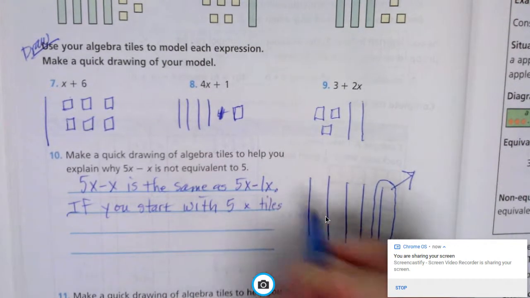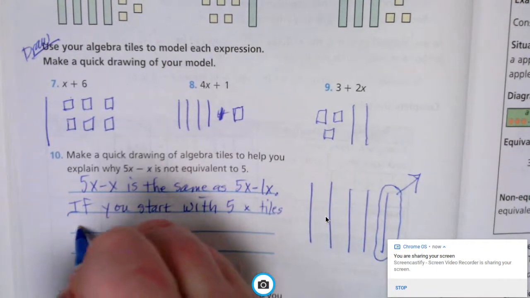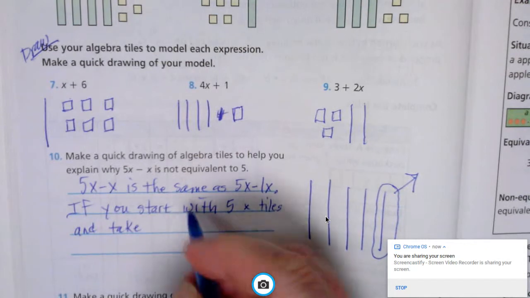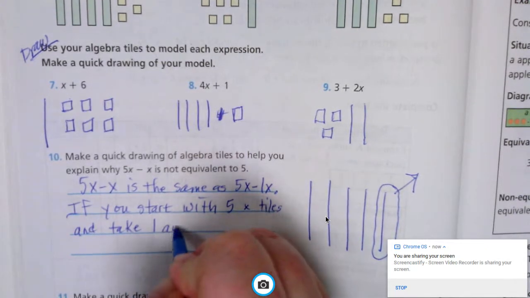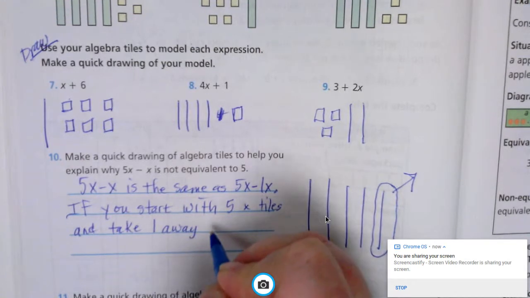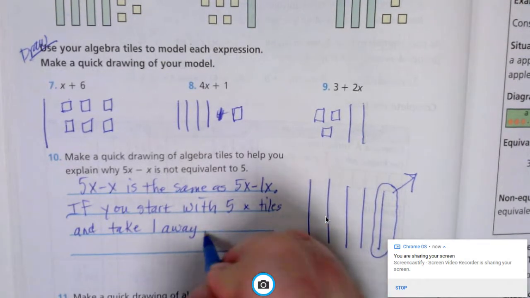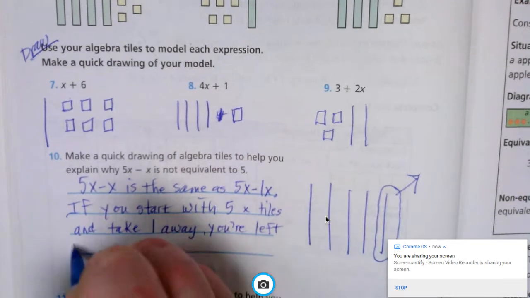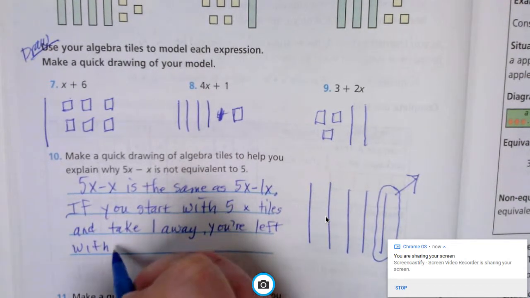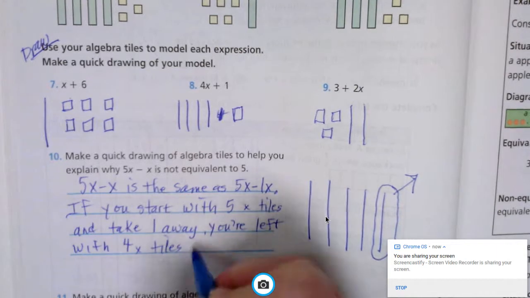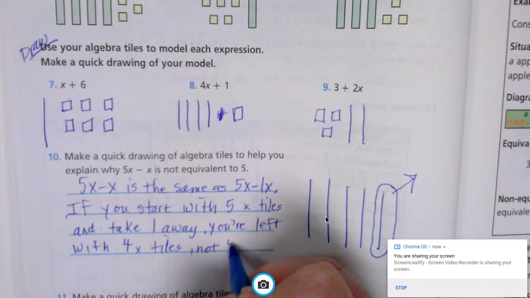Value tiles, 5 x tiles. And take one x tile away, you are left with 4x tiles, not 5.